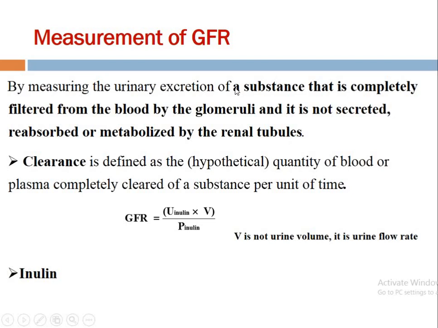Now, as you all know, GFR has already been taught to you. I hope that briefly you must have been told how this GFR is calculated, and what is the substance that can be used for measuring GFR. By measuring urinary excretion of a substance that is completely filtered from the blood by the glomeruli, and is not secreted, reabsorbed or metabolized by the renal tubules.